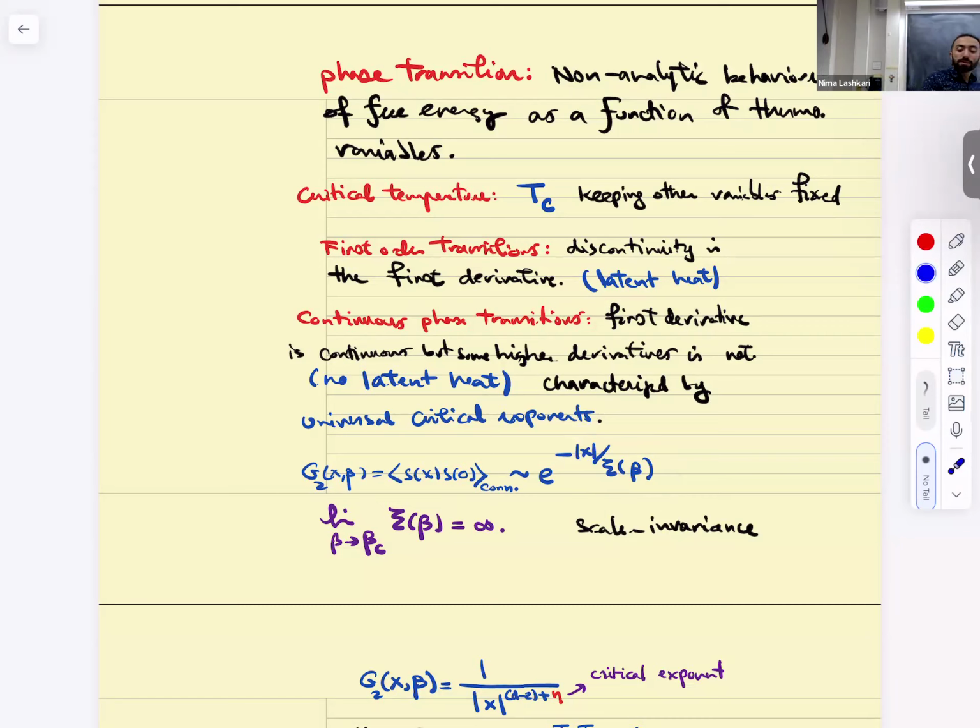That dimensionful parameter is called correlation length. To get non-analytic behavior of this type that we're discussing, correlation length will have to blow up at the critical point. So correlation length, hopefully you remember what correlation is, right? The scale at which you see correlations, beyond which you don't see correlations.